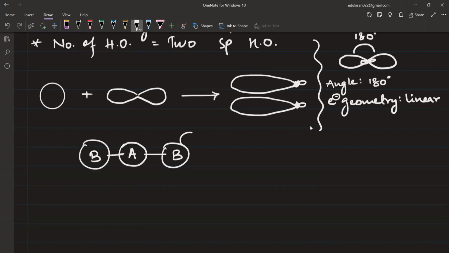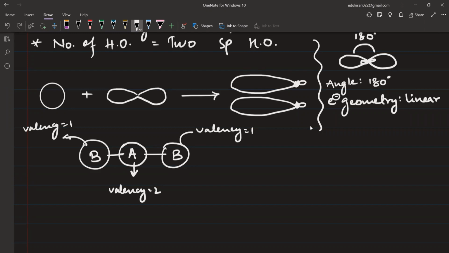Now please see, this B should have a valency of 1. This B should also have, because it is making one bond, valency equal to 1, right? Now this A, it is making 2 bonds, that means its valency should be 2. Now from here, you can make plenty of molecules.